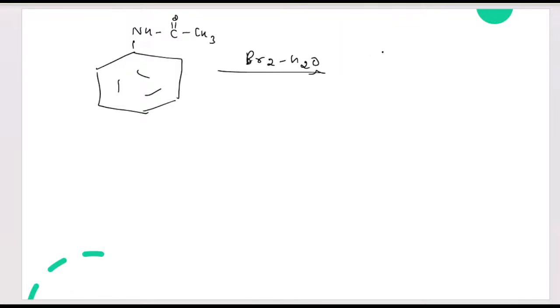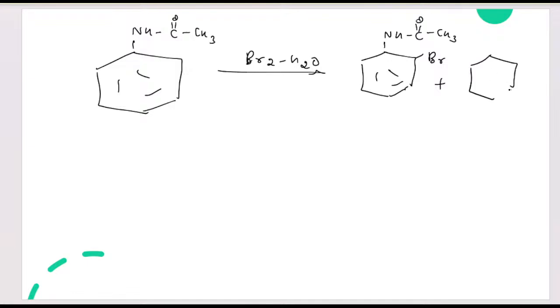So what is the difference? That maybe the bromine connected here, because we reduce the electron density. As I already told you, the reason behind bromine connecting at all three positions is that the aniline is highly activating. Okay, NCO and the CH3, let's say.